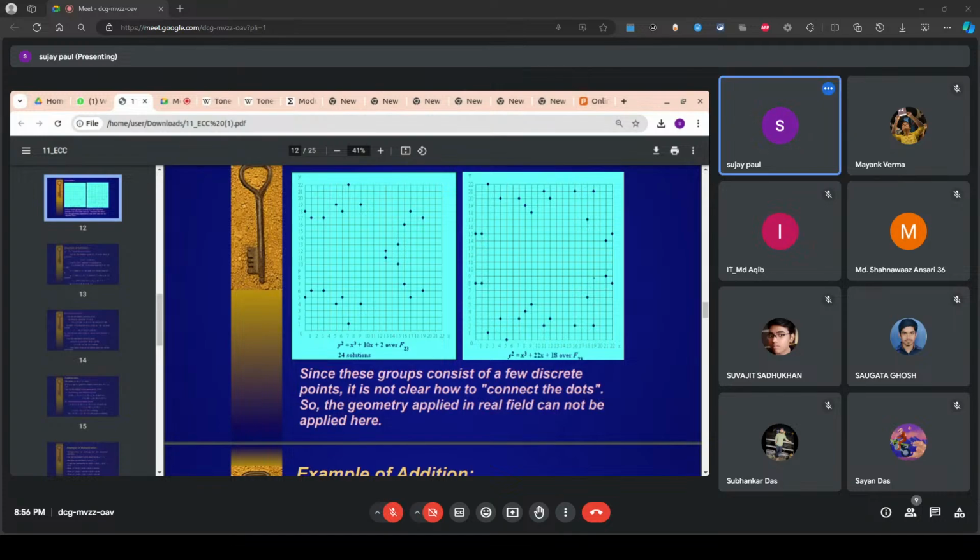Or do one thing: if I give 10, it will take the next prime number. So after 10, the prime number is 11. Correct. So it will give you the message that 10 is not a prime number, so I will take the next prime number 11. If I give prime number equals 40, it will say that 40 is not a prime number, I will go for 41, which is a prime number.